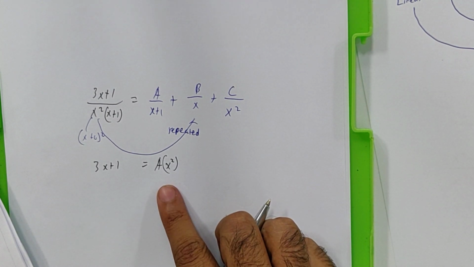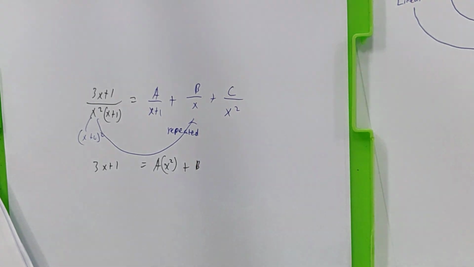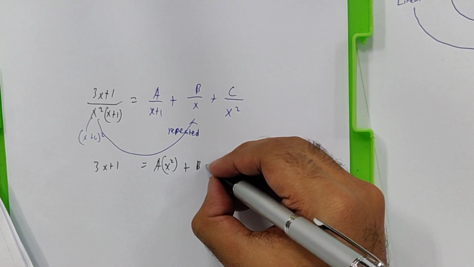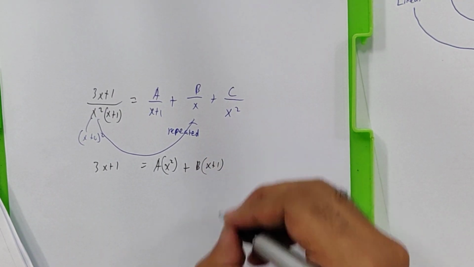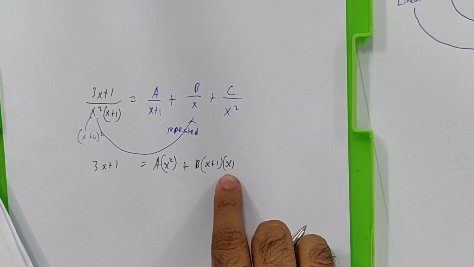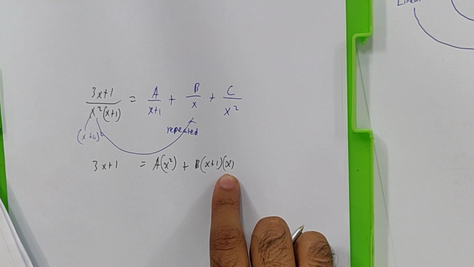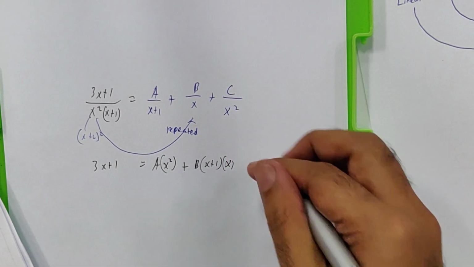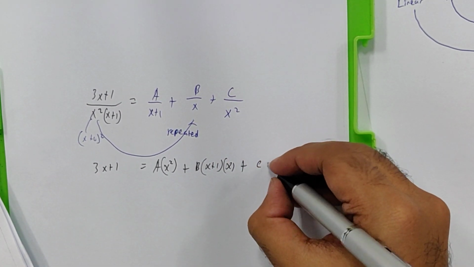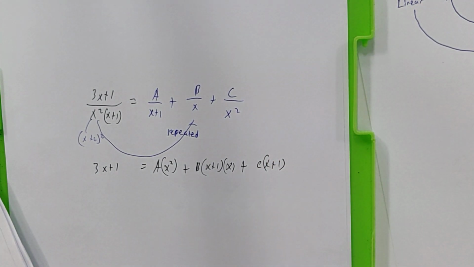Are you okay? What about B? X plus 1 times x. Are you okay? Do you get this? Yes. Tak faham tanya sekarang. Tak faham angkat tangan? Thank you. Now what about C? X plus 1.